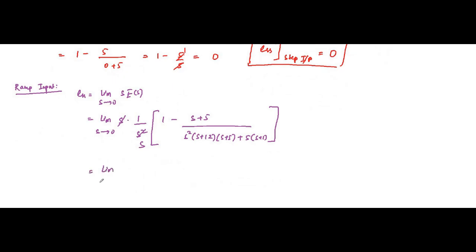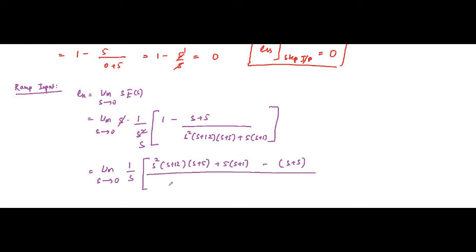So that will become limit s tends to 0 1 by s into s square into s plus 12 into s plus 5 plus 5 into s plus 1 minus s plus 5 by s square into s plus 12 into s plus 5 plus 5 into s plus 1.